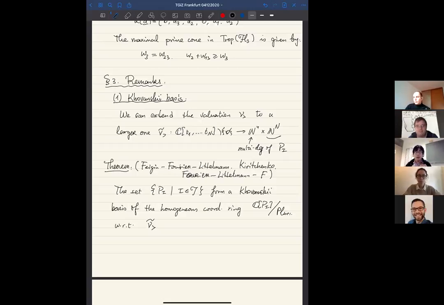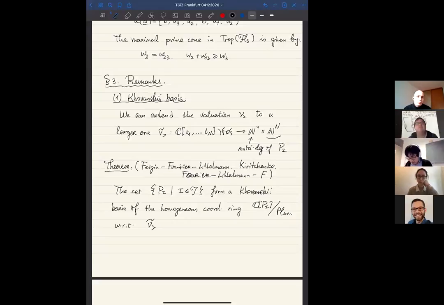And when you run this subductive algorithm, you will always produce things which have larger degree because of this cone C. This cone will tell you that as you go further subductively, the degree is increasing. That is the key point of this proof. And this is the relation to the Khovanskii basis.